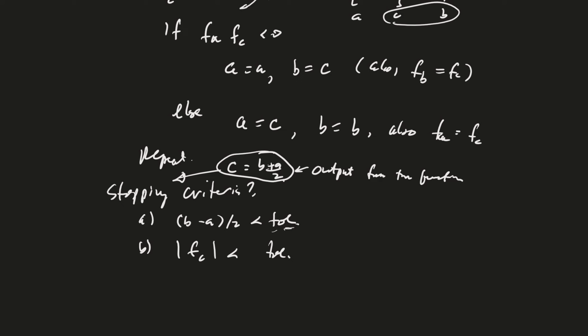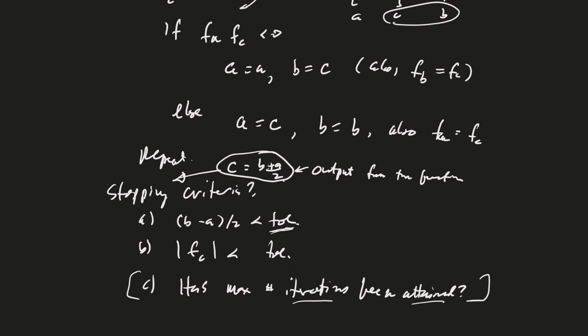And then the last thing you would want to check is, has the max number of iterations been attained? Right, so this is just a safety so you don't get an infinite loop. Although at some point, I guess you've got to get the tolerance, right? So I guess you don't really need that last one. It's always good to have some safety procedures there, just in case things don't work out.